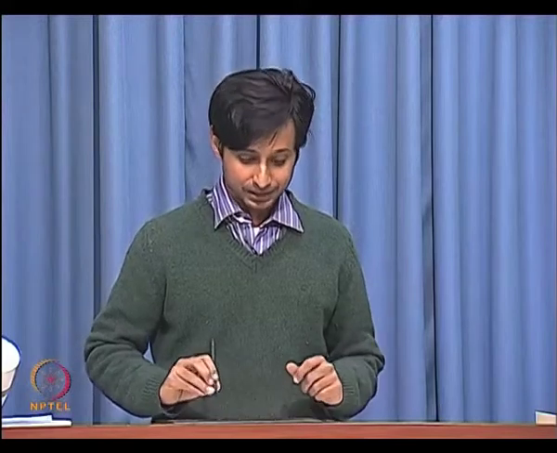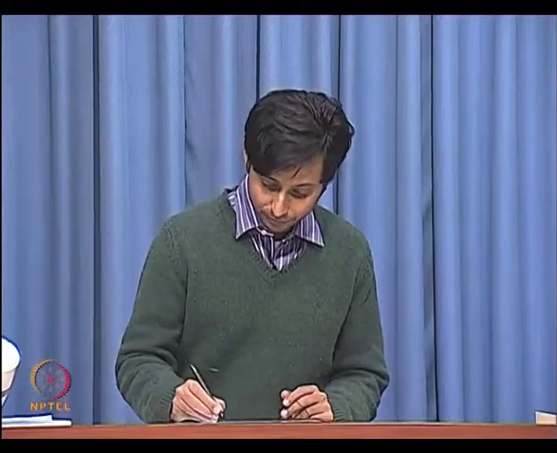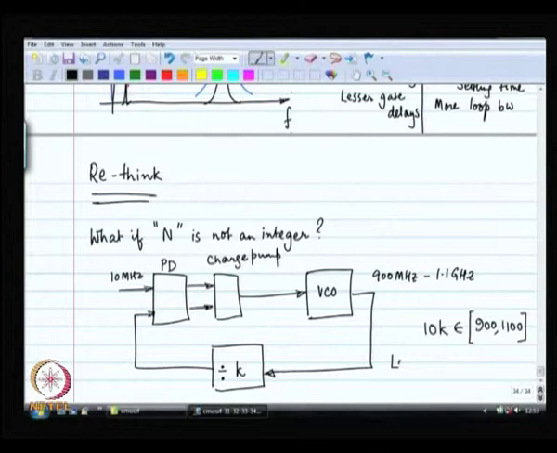Okay, will this work? Will it work better than before? Why can it work better than before? It can work better than before for the simple reason that now the maximum loop bandwidth is going to be a fraction of 10 megahertz.